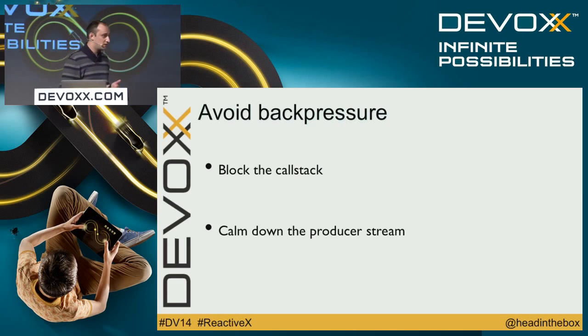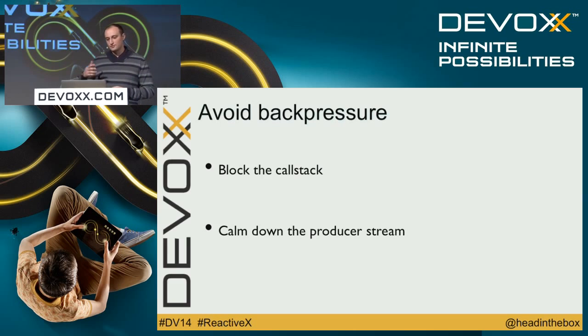So that means that the call stack is already blocking the emission of certain events by the observer still trying to process the others. That is what we call slowing down by blocking on the call stack. Now that doesn't always hold, like we saw with observe on or with zip.